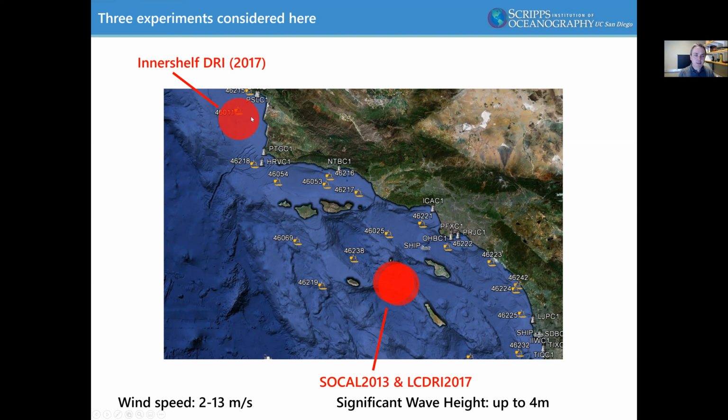There's a lot of data collection close to shore, but those are not considered here, we're only looking at the deeper data. Overall, we had a range of wind speed in the 2 to 13 meters per second and significant wave height of up to 4 meters. So it's a pretty nice set of observation covering a broad range of environmental conditions.